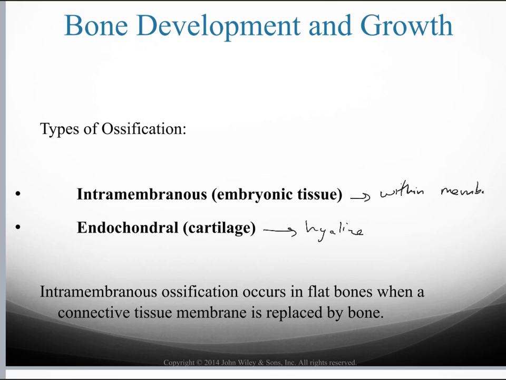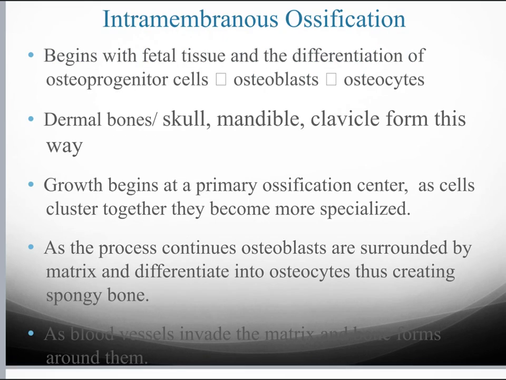So we're talking about bone that develops in a membrane. So again, we're talking about embryonic tissue. Now this is going to occur typically in flat bones where connective tissue is going to be replaced by actual bone. Let's focus on intramembranous ossification. We'll look at the general process of what happens and look at the step-by-step process that occurs to give us this actual creation of this type of bone.